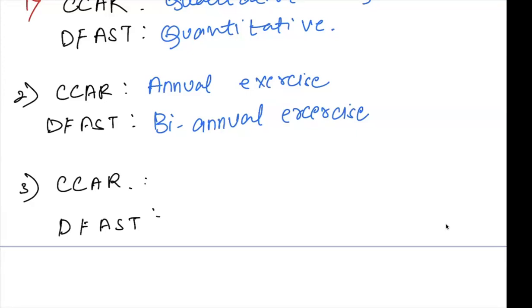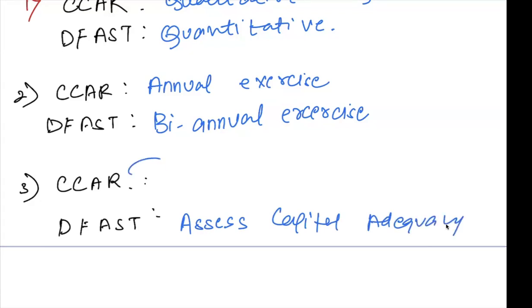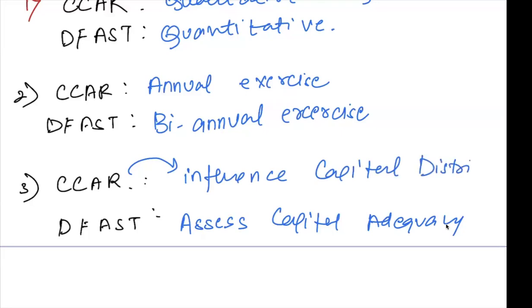If you see, DFAST primarily assesses capital adequacy, right? But CCAR can influence the capital distribution plan, based on whether the Federal Reserve has any objection or has approved the CCAR.